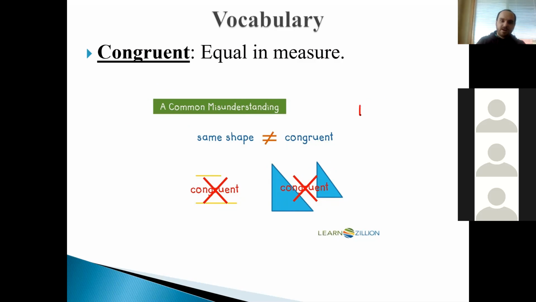So like if I have a square, it's about a square, versus a square, it's less of a square, but close enough. Even if they're the same shape, because they're different sizes, they are not congruent. You can also have congruent angles or congruent side lengths. It doesn't have to be the whole shape.